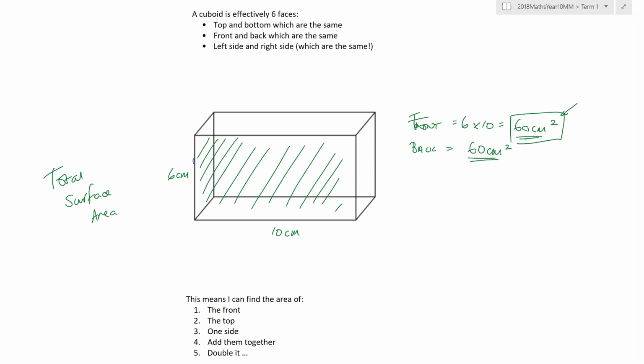That's why I always list front, back, top, bottom, side 1 and side 2. Always, without fail. And then, having worked out all of these individual areas, I would add them and add them and add them and add them and add them. And I would write down here my total surface area.